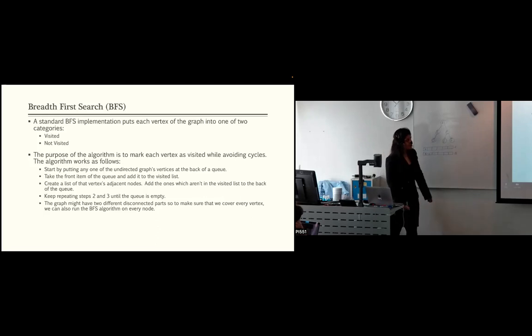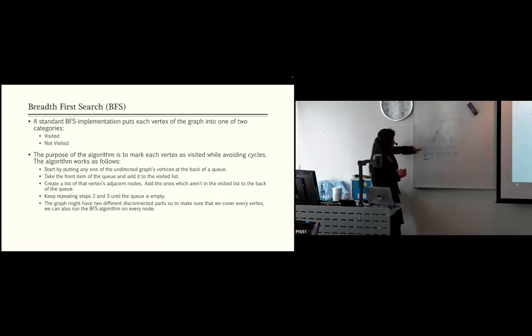So what's it? Start by putting any of the undirected graph's vertices at the back of the queue, first in, first out. So here is the front of the queue. The first point is the front of the queue, and then take the front item of the queue and add it to the visited list.